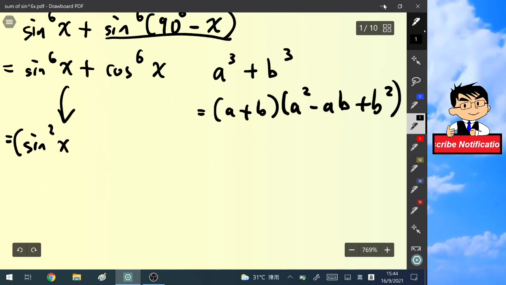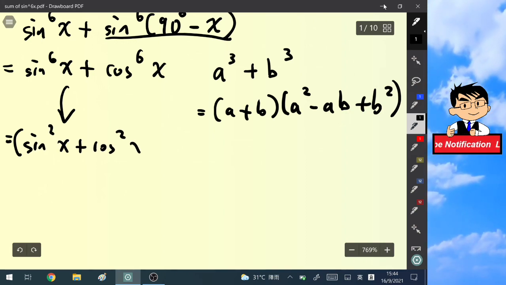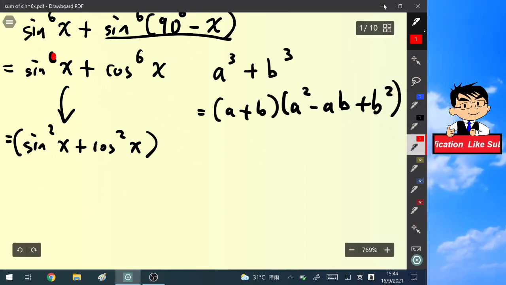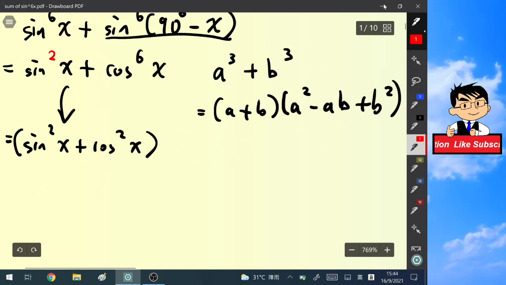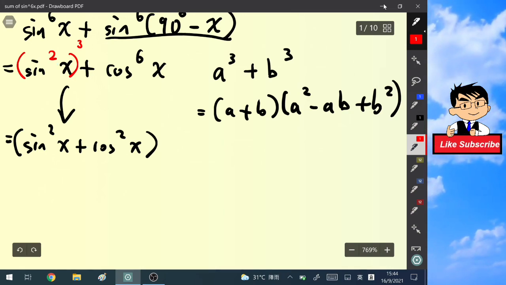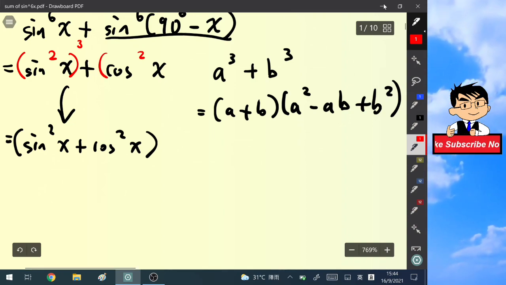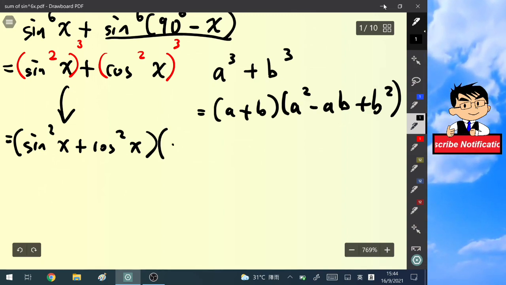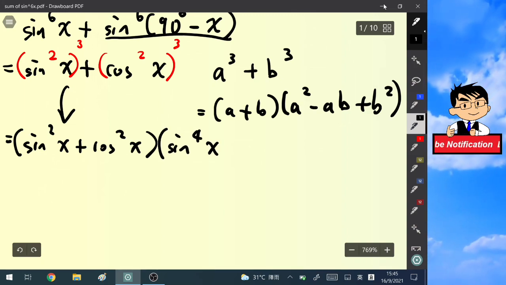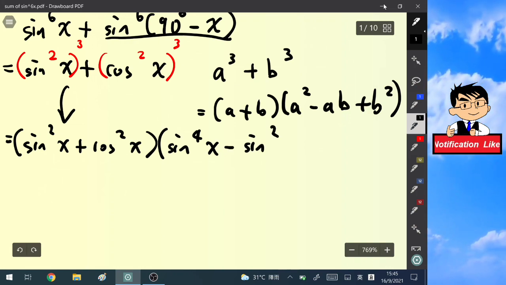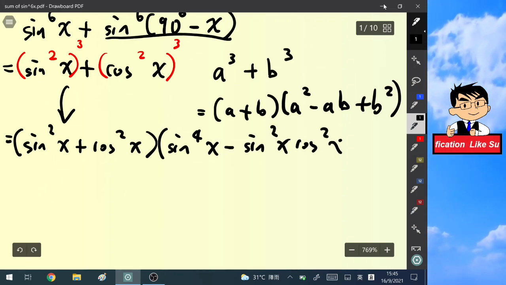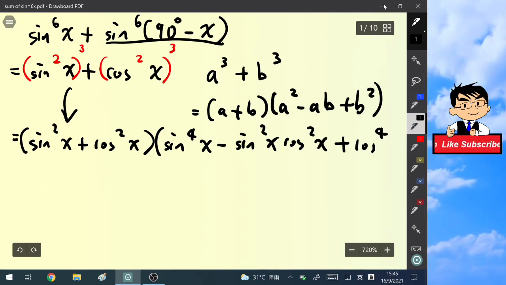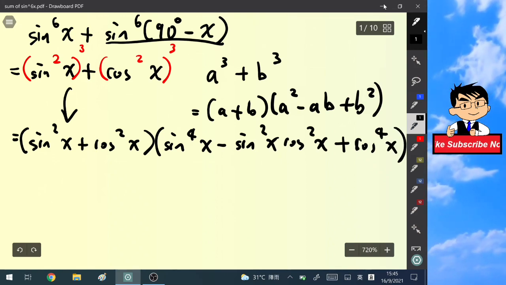We can write it as sine square x plus cosine square x, because we are treating the 6 as a power of 2 and then the whole expression as 3, similarly for the cosine term, and then we multiply it with sine to the power of 4 x minus sine square x times cosine square x plus cosine to the power of 4 x.